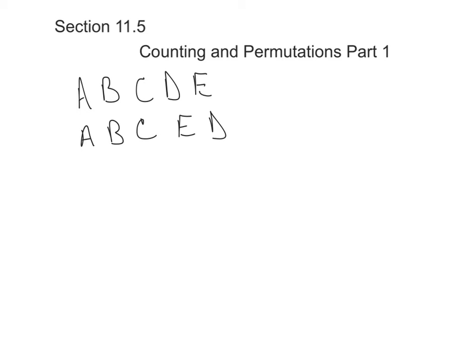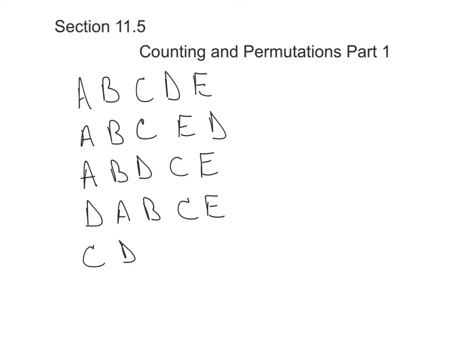E and D just switch their spots. We can have A, B, D, C, and E. We can have D go first, then A, then B, then C, then E. And we can have C, D, A, B, and E. And obviously, we can go on and on.